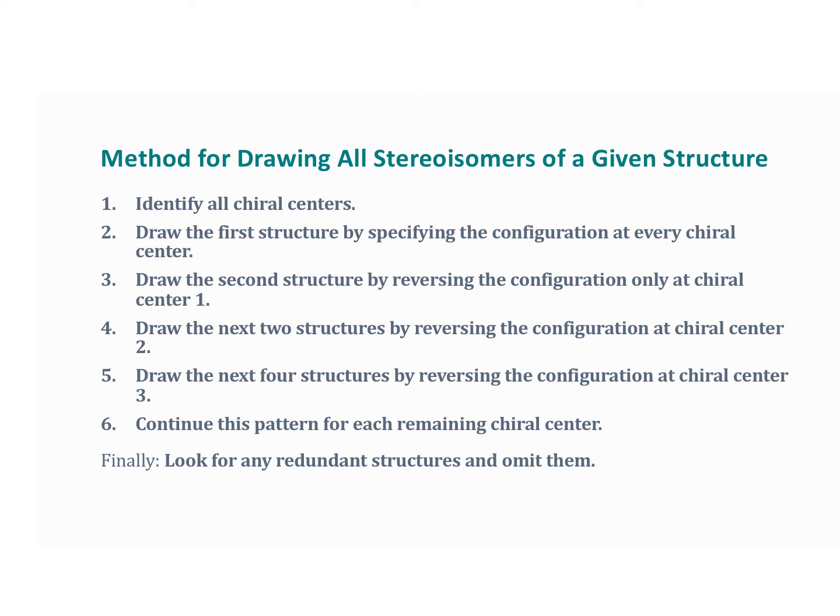So we're looking at methods for drawing all the stereoisomers of a given structure. When you do this, the first step is you need to identify all the chiral centers. My suggestion to keep track of them is to label the chiral centers with a 1, a 2, a 3, etc. Then you need to draw the first structure by specifying the configuration at every chiral center.